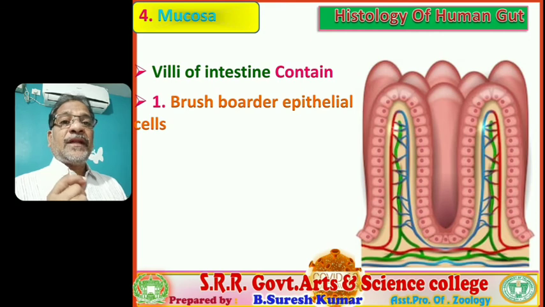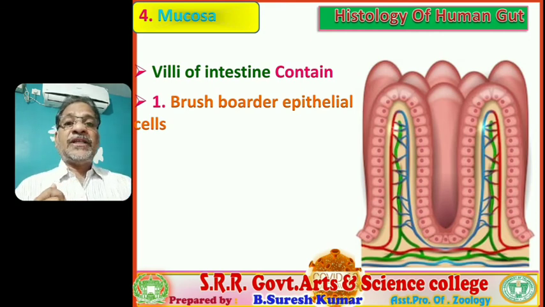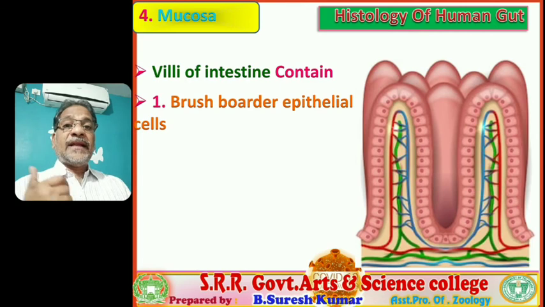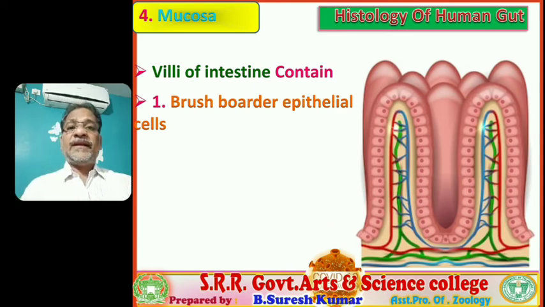The significance of these brush border epithelial cells is that they are secretory in function. They secrete brush border enzymes. What are brush border enzymes? Saccharidases. What comes under saccharidases? For example, lactase, sucrase, fructase, maltase. All these come under saccharidases.